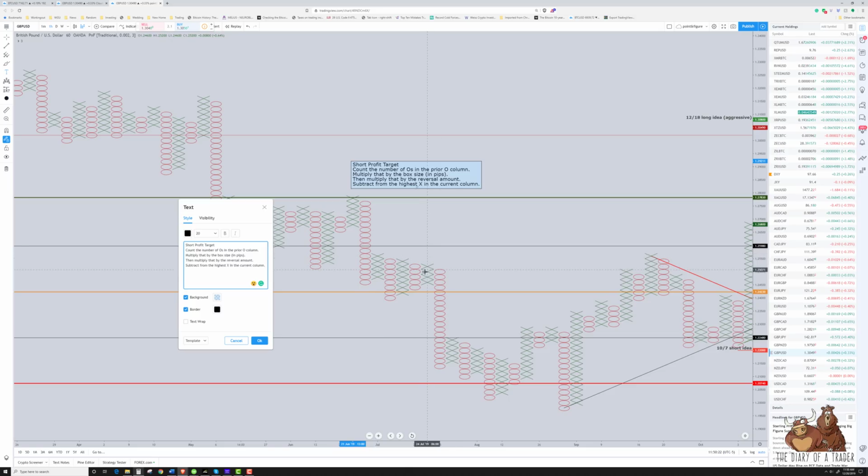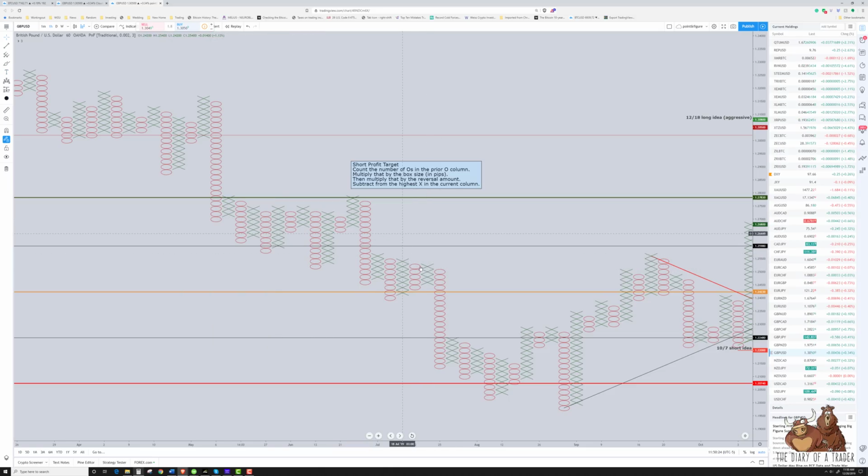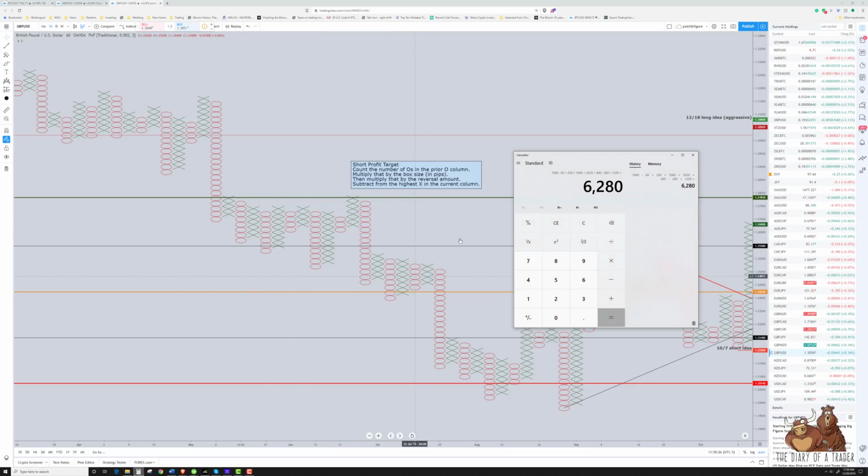So basically this is what happens. I have 1, 2, 3, 4, 5 O's. I'm going to take 5, multiply it by my box size, which is 20 pips. That gives me 100 pips. I'm going to multiply that again by 3. That is 300 pips. I'm going to subtract that number from the X. Now, the nice thing is I can look up open, high, low, close.